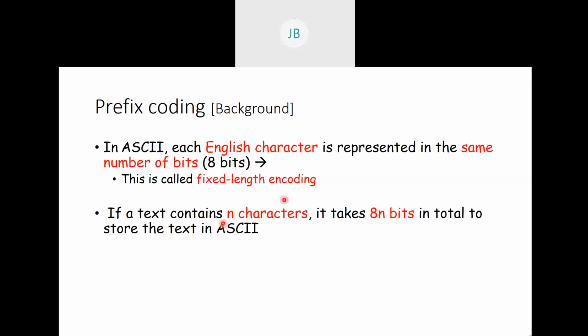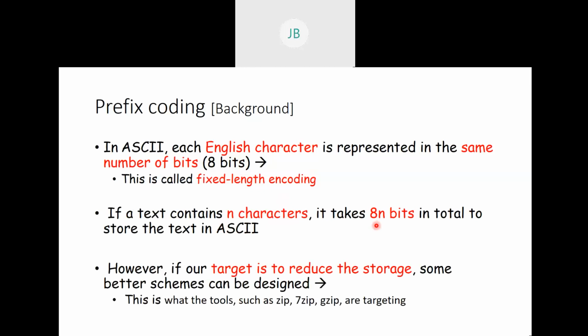So if there are n characters, we need 8n bits to represent these symbols in ASCII. But our target is to reduce the storage space, or if we want to transmit them, to consume minimum bandwidth, because we always have that constraint. So we use some source encoding schemes.